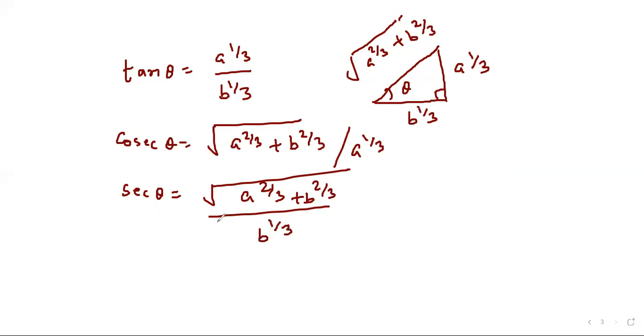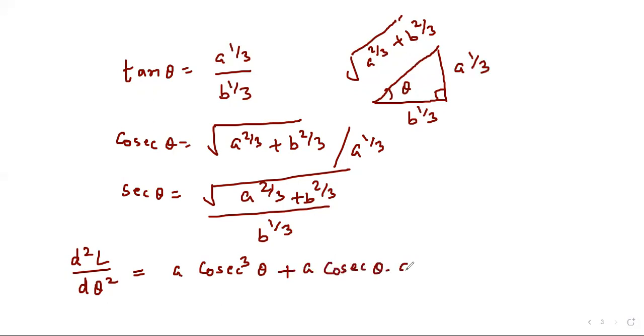Now we are going to put these values in expression of second derivative d2l by d theta 2. That was a cosec cube theta plus a cosec theta times cot square theta plus b sec cube theta plus b sec theta tan square theta.